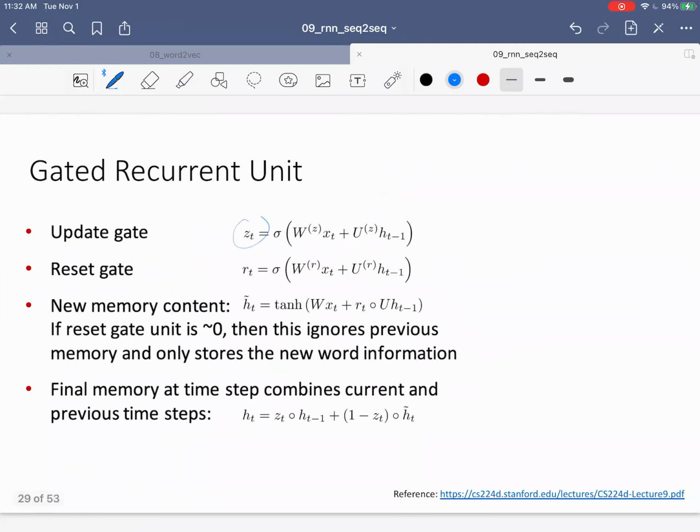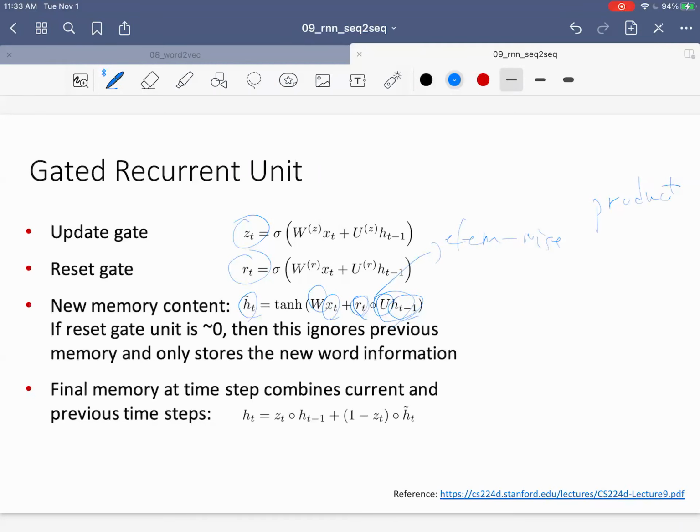So you have your gates calculated, and then you calculate your new memory, which is H tilde, calculated like this. You linearly transform your previous hidden layer, and you linearly transform your current input. Instead of simply adding them, you take your RT Hadamard product with your previous hidden layer, the Hadamard product being the element-wise product.